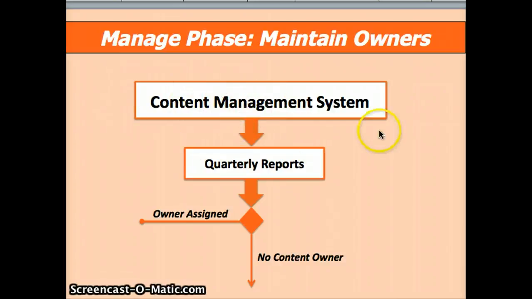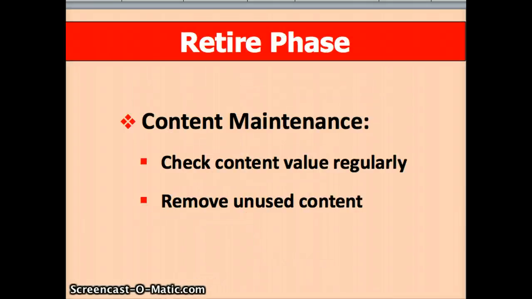And so obviously the theme here is making the most use out of your content management system or any technology to facilitate the process. So you can run reports and find out what content on the site does not have an owner. And if it doesn't, you can make sure that content gets reassigned.